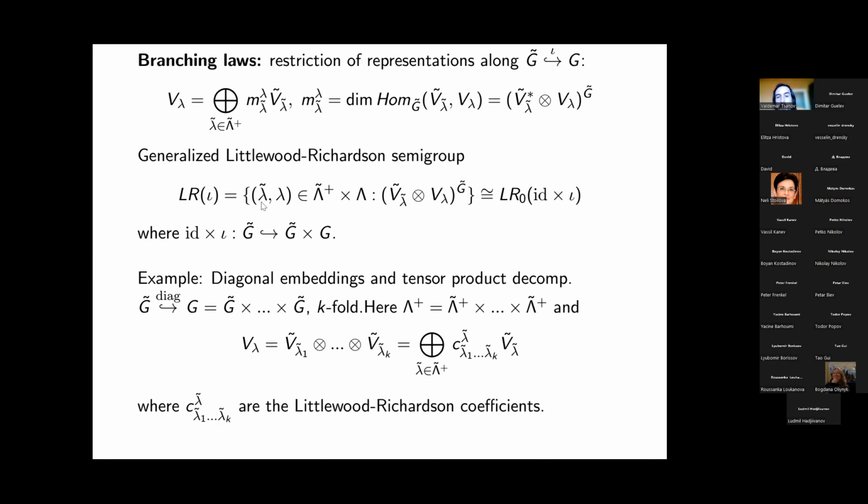Why? Well, just by taking lambda, the large weight, equal to 0, and the small weight non-trivial, we'll be asking for G invariance in an irreducible representation of G tilde. So this factor will be trivial, but this remains irreducible, so it couldn't possibly be invariant.